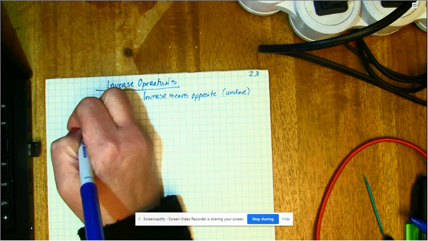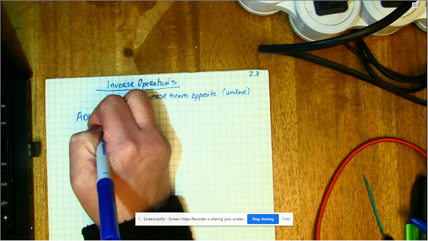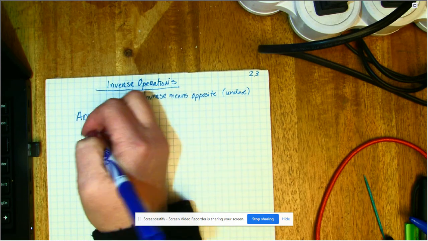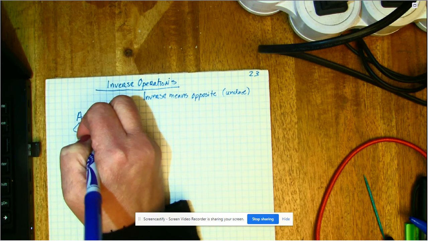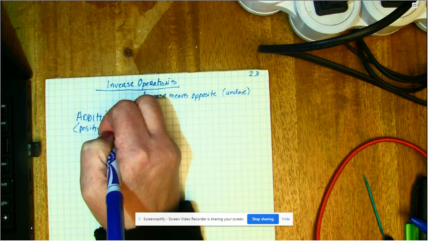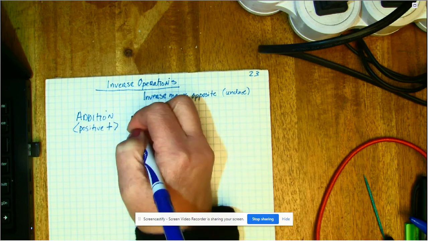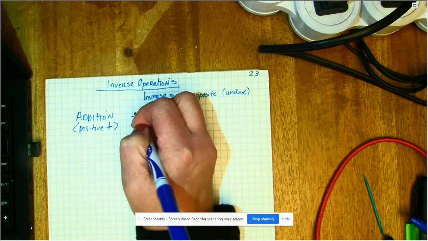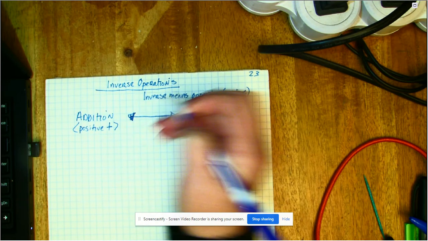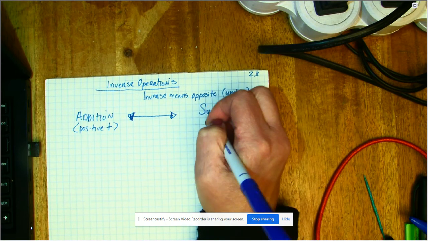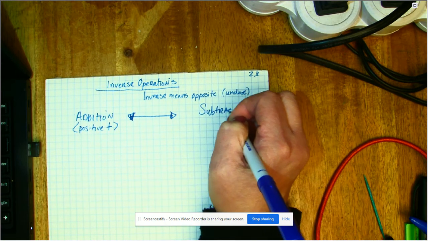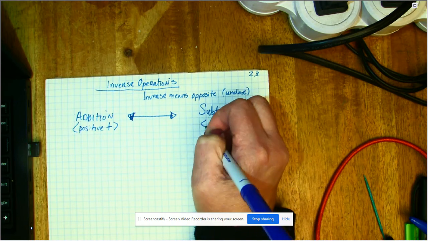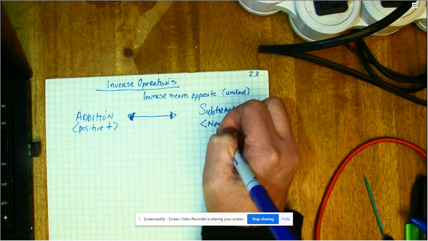Addition. We also consider this to be positive numbers. And we say its opposite is subtraction, or negative numbers.